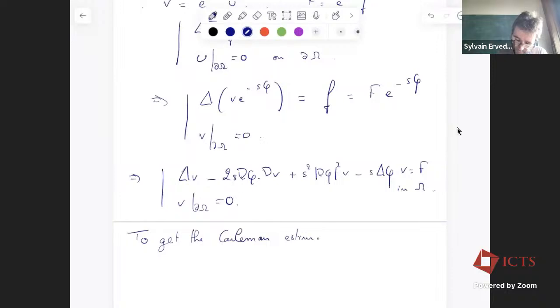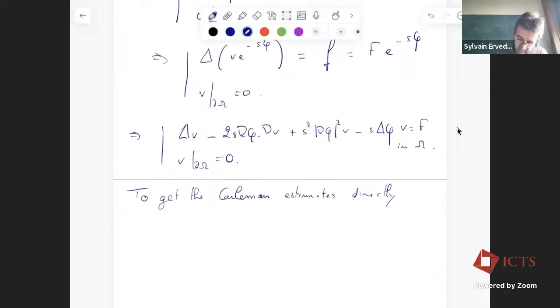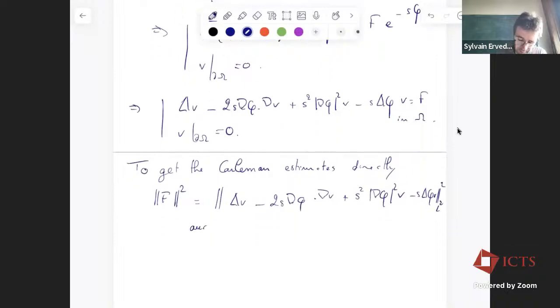To get the Carleman estimate directly, what you can do is simply write that F square is Laplacian v minus 2s gradient of phi gradient v plus s square gradient phi square v minus s Laplacian phi v in L2, and then develop and do the computation.